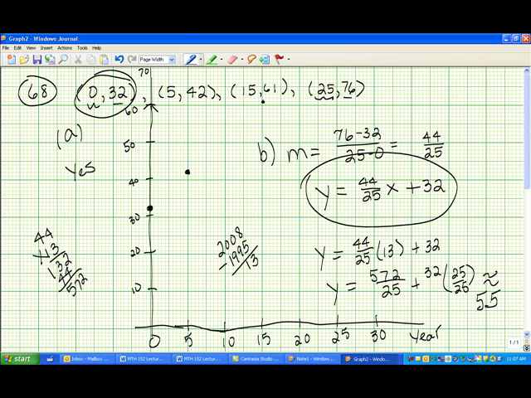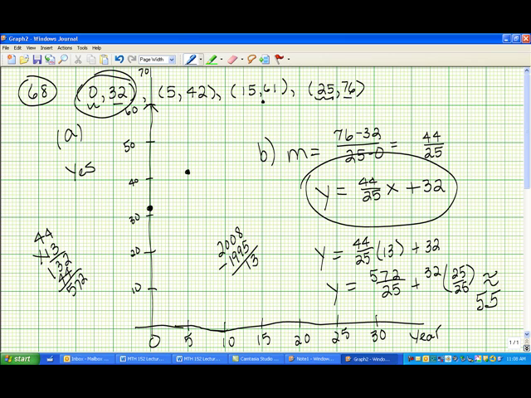Okay, so that's what we mean by modeling. What we do is we're taking a series of points. We're looking to see if the points more or less line up. If they do, we come up with an equation of the line that those points would be located on. And then we can use it to make predictions about other years that are not, in this case, in our table.